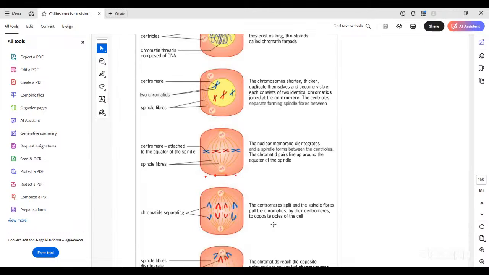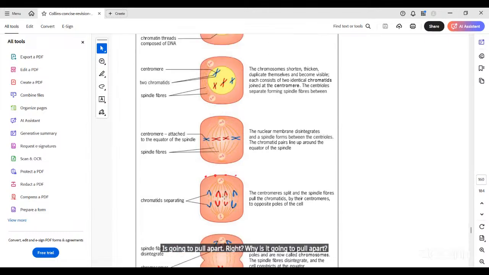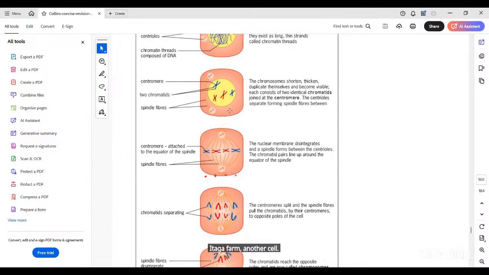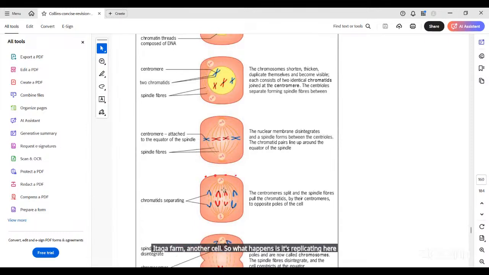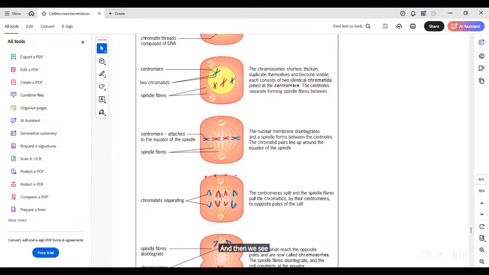Why is it going to pull apart? Because it's going to form two daughter cells. Remember that it will form another cell. So it replicates, and then the spindle fiber pulls it apart. When it pulls it apart, it's going to the opposite end of the pole.